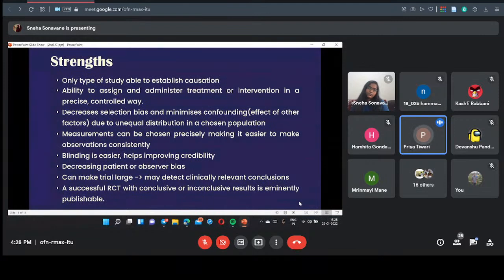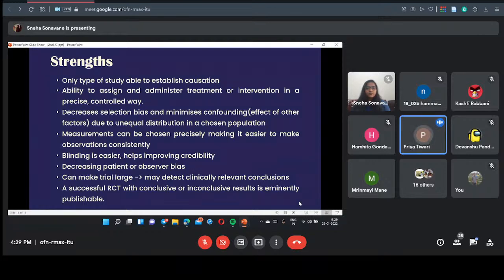Blinding can be of two types: single blinding and double blinding. In single blinding, the patient doesn't know whether he or she is getting the experimental drug or the control group drug, the drug which is already known. And in double blinding, the patient and the investigator both don't know whether this person is getting the experimental drug or the control drug.